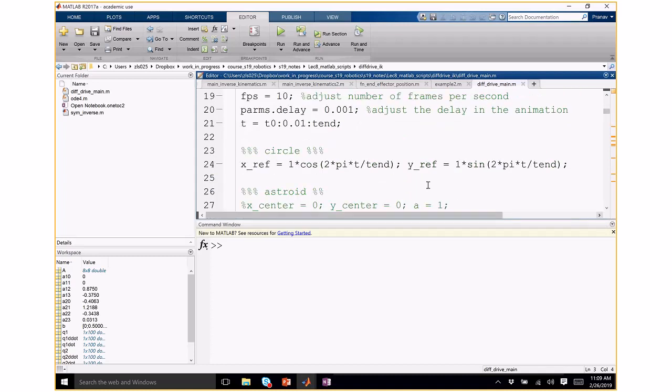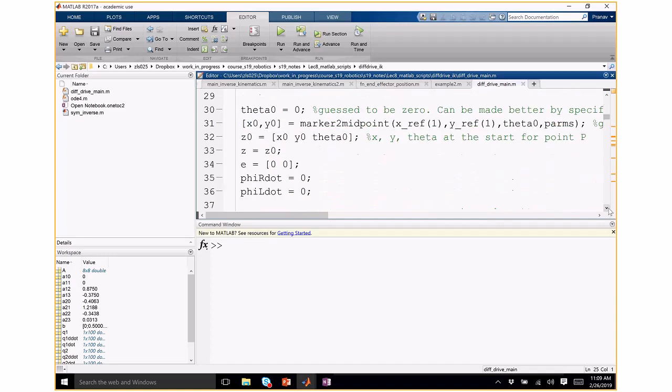I want to draw a circle, so I specified the equation for a circle in terms of the parameter t. T is time, and essentially it takes that equation, which I will show you, should be hidden right here.